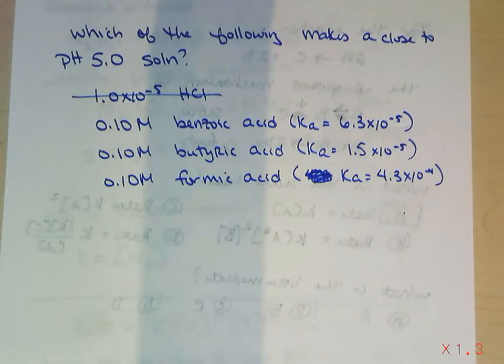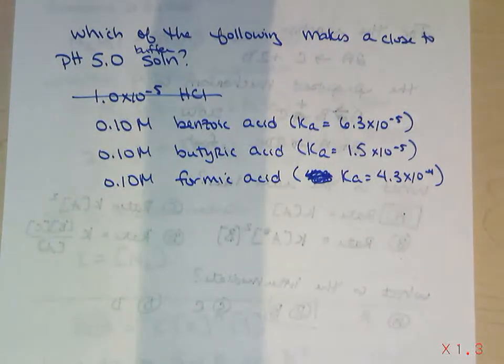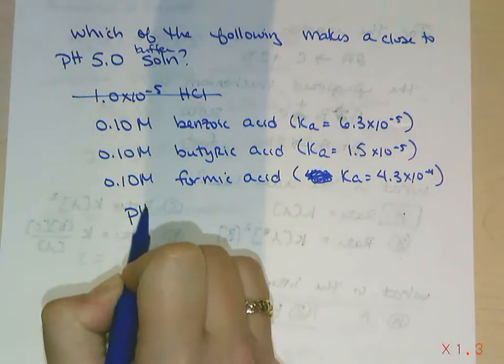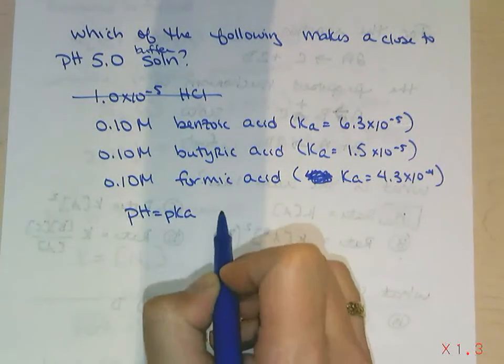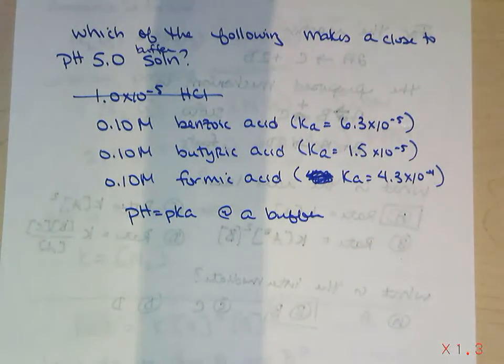What if I call this a buffer solution? In a buffer solution, what do we have? A conjugate acid-base pair. If I have a buffer, I have pH equals pKa. I gave you Kas. How do I get the pKa of each of these? Negative log of each of them.